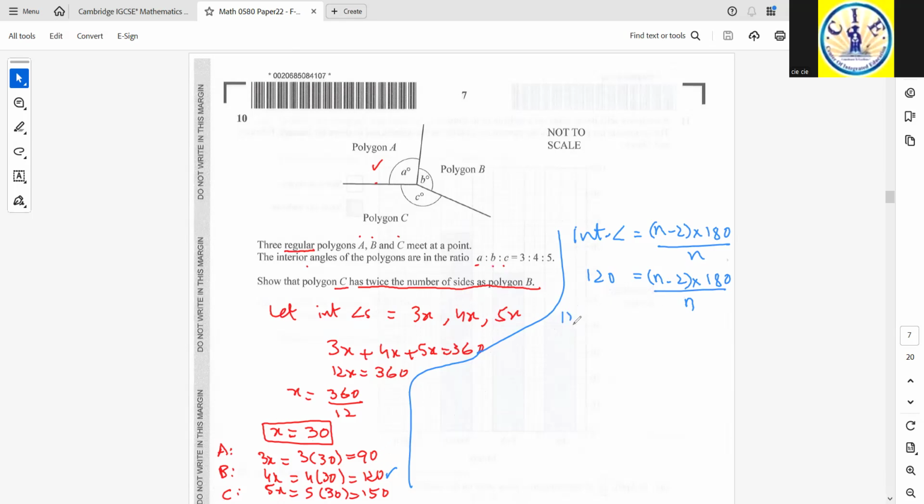So simplifying it, 120n is 180n minus 360. So 120n equals 180n minus 360. So n is 6.